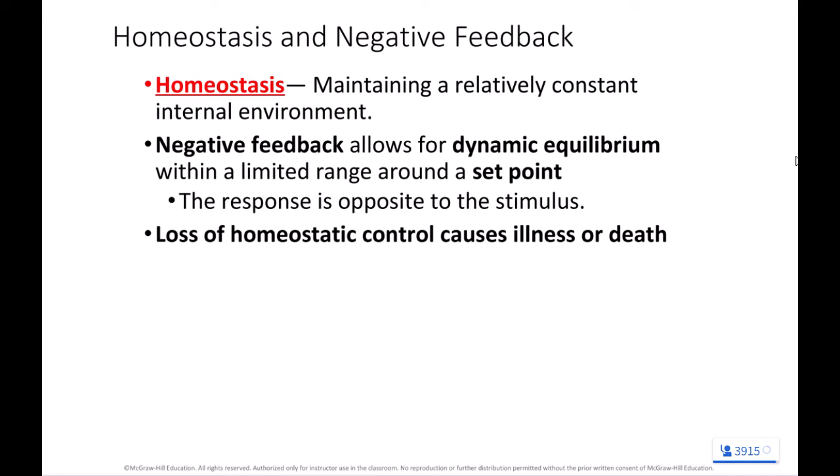If your blood sugar levels are going down, you get hungry, eat some food, and your blood sugar levels go back up again. The response is opposite to the stimulus. And these negative feedback loops are the cornerstone of maintaining that relatively constant internal environment, the homeostatic balance of our bodies. When we lose homeostasis, we are sick or we die.